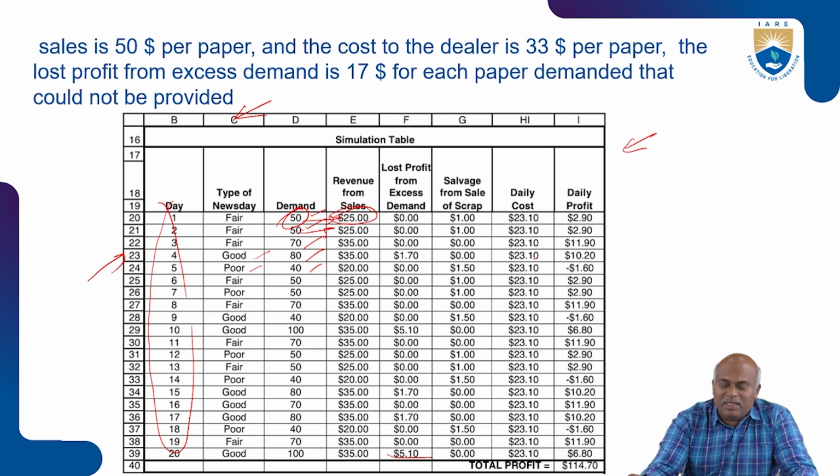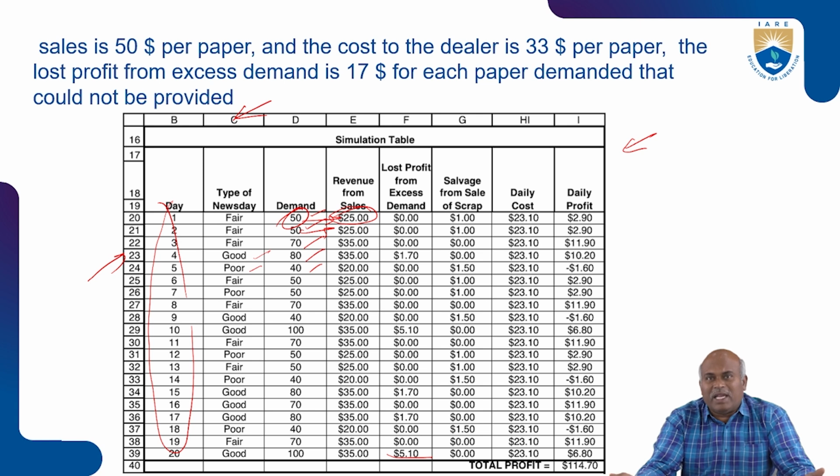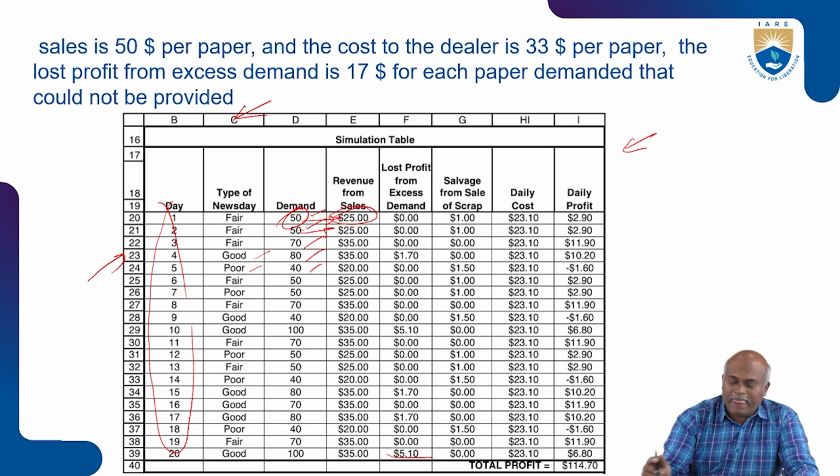Then you find the salvage from the sales of scrap, if any damage happens. You can spend some money to scrap that product. So first day we are using $1 to $1. There is no demand, there is no scrap. That's why we use 0. Like that you make the table.